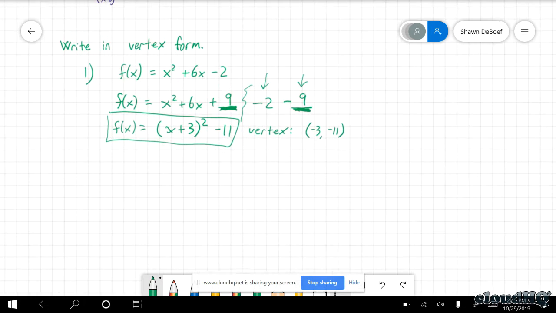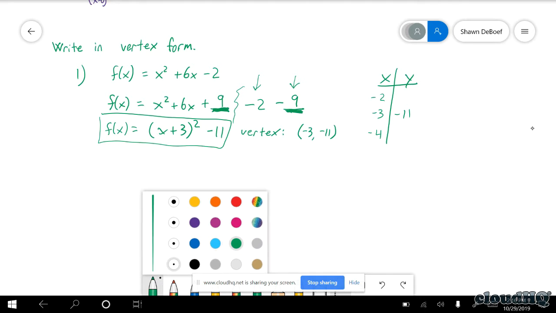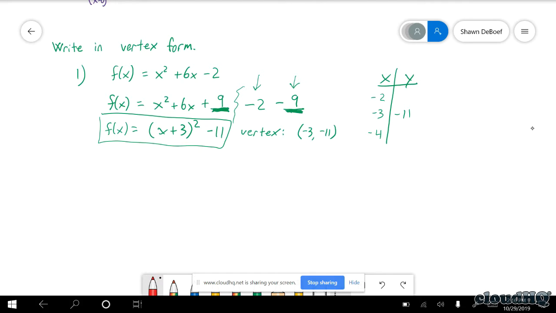If I asked you to graph it, because there's some graphing in this unit as well, now you could just make your table. You know your vertex, and then I would surround your vertex. Maybe you would want to consider like a negative 2 and a negative 4. Plug in negative 2. We switch colors here. We can plug in a negative 2 in place of our x.